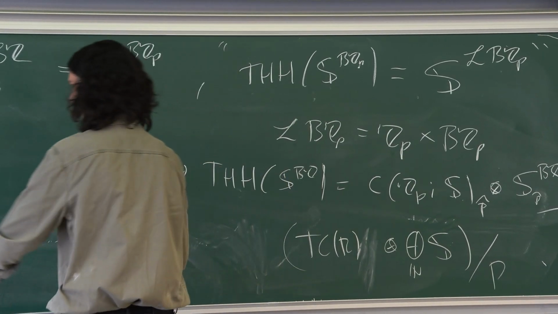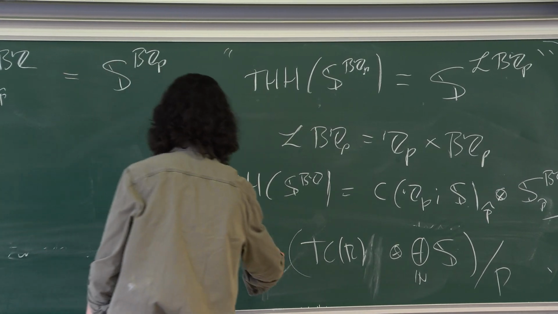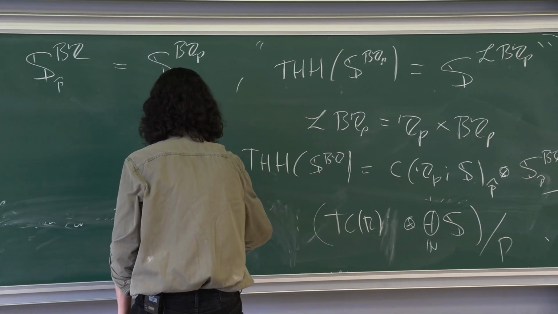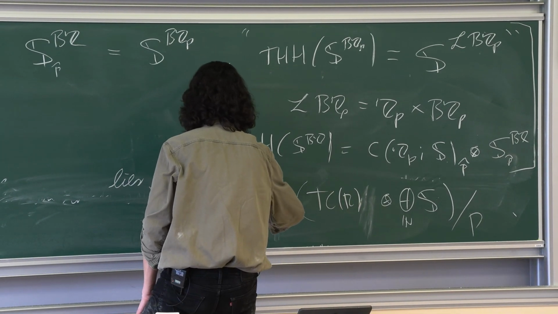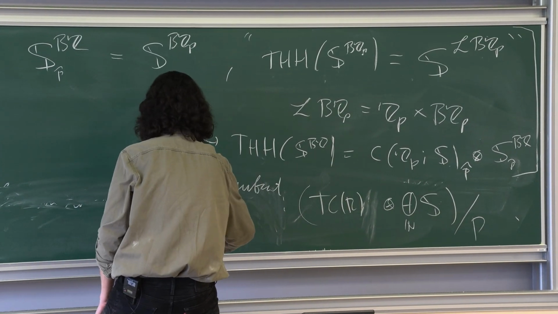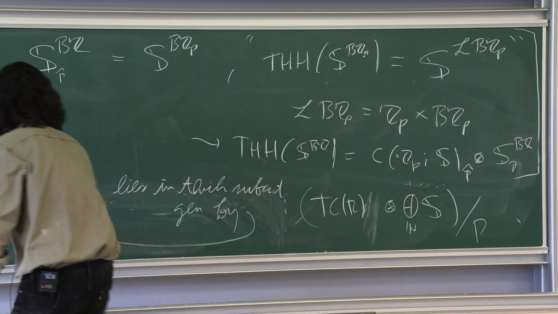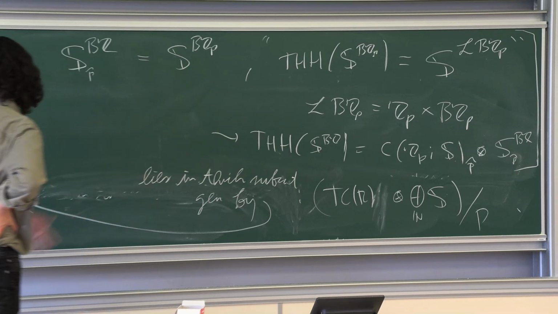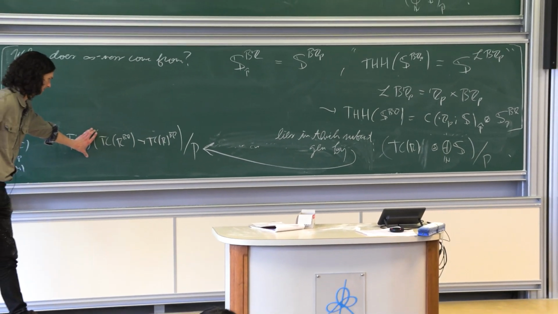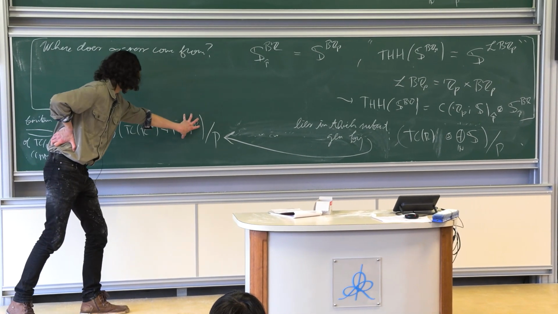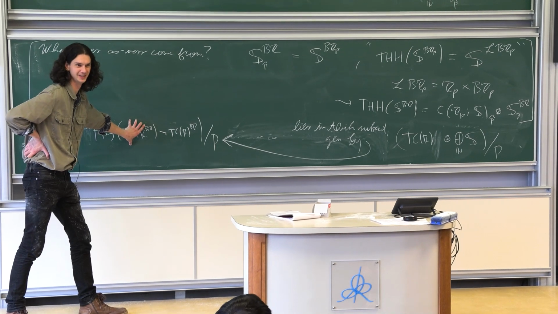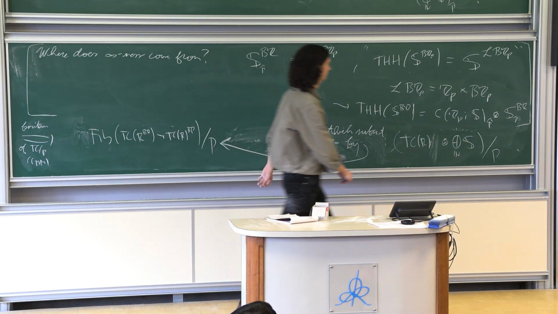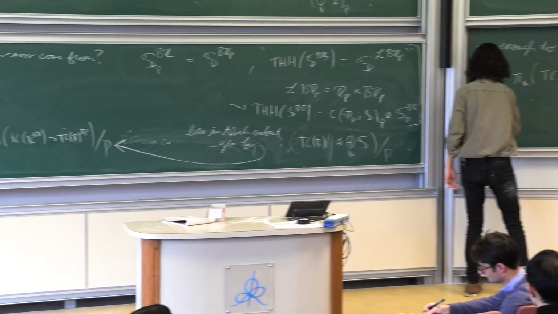This guy here lies in the thick subcategory generated by this guy. So since you see infinite homotopy here, there must be some infinite homotopy here, and therefore we know this is finite, so there must be some infinite homotopy here, mod v1 and with v2 inverted. But this is true by redshift.